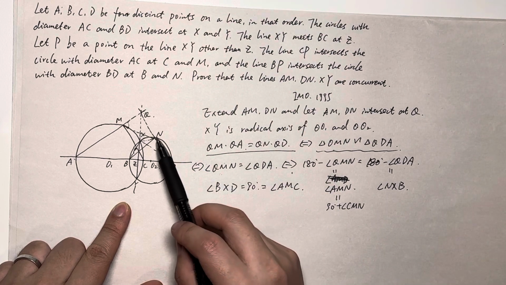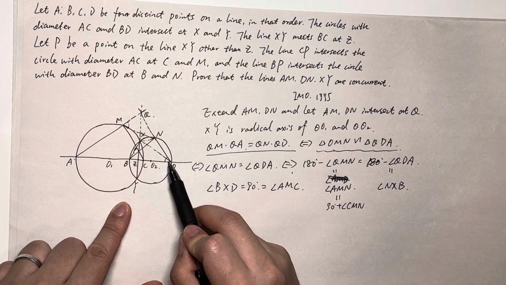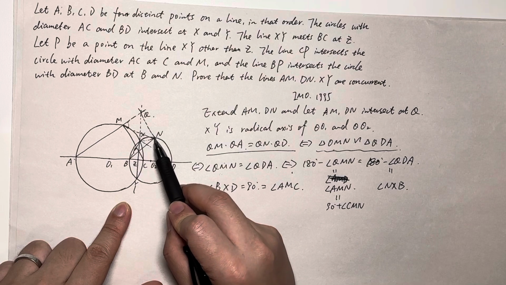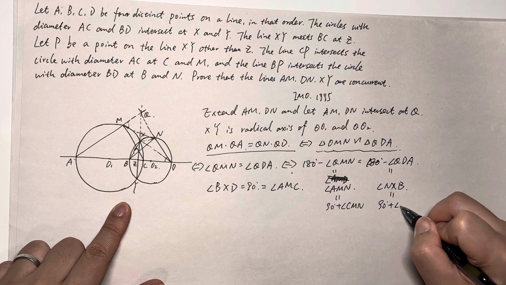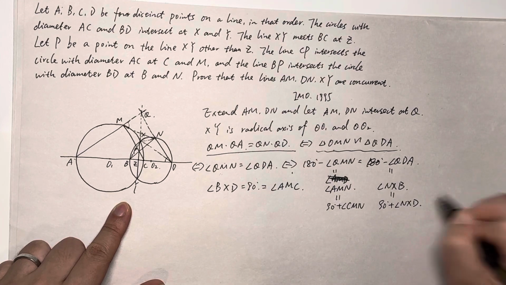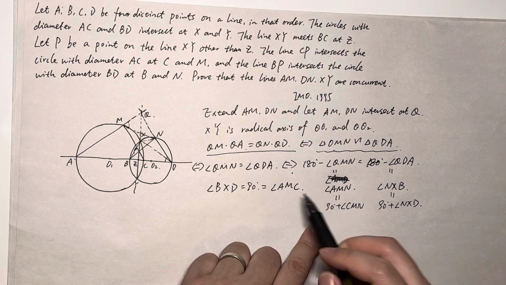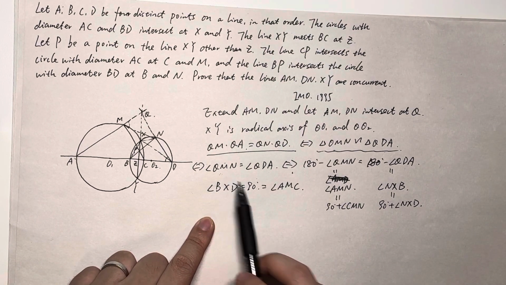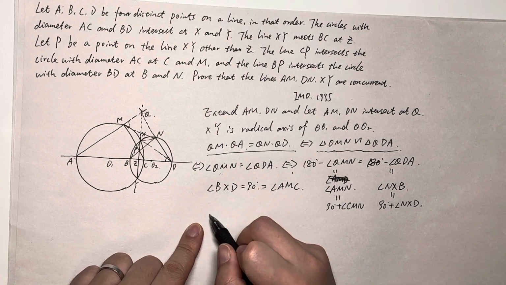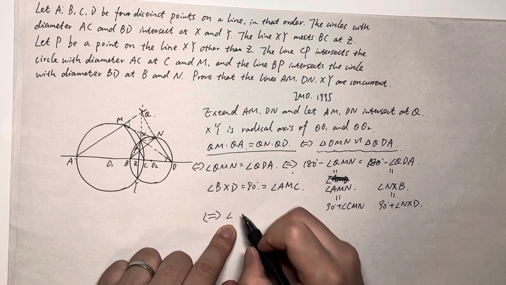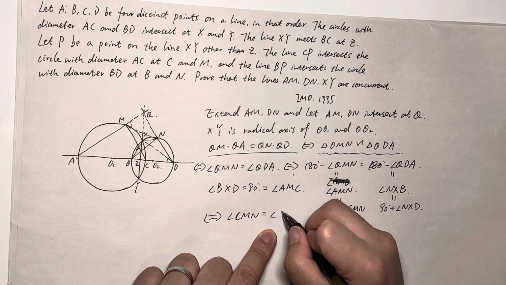And angle NXB equals angle BXD, which is 90 degrees, plus angle DXN, right? Equals 90 degrees plus angle NXD. Right? So basically, we just make this equation equivalent to proving that angle CMN equals angle NXD.